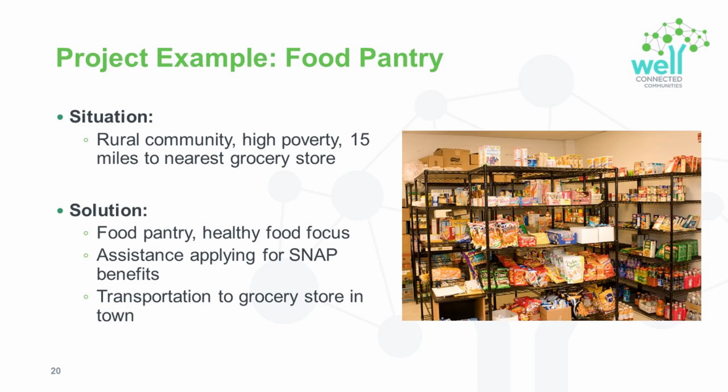The volunteer group decided that they would establish a food pantry to address this need. The food pantry would operate through a local church and be supported by donations, both monetary and donations of food items. And they partnered with an extension nutrition educator to make sure they had nutrition information and healthy recipes on hand to distribute to food pantry patrons.